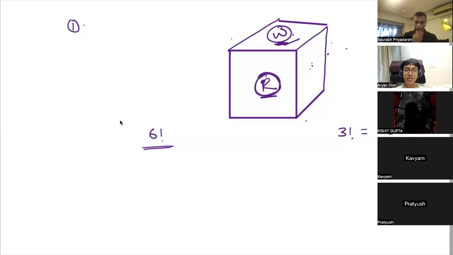I think both the cases would be the same, considering that if we orient it differently but it's the same combination, it won't be counted.